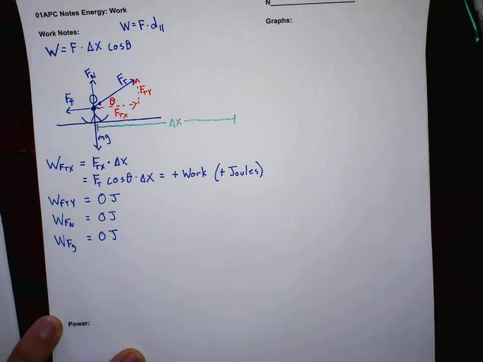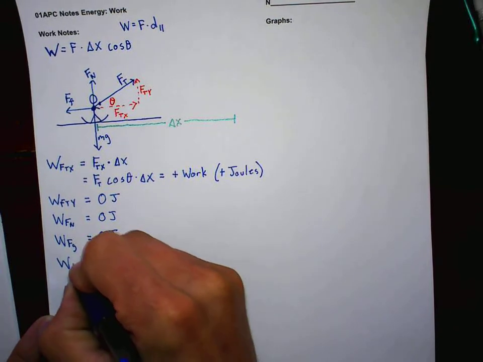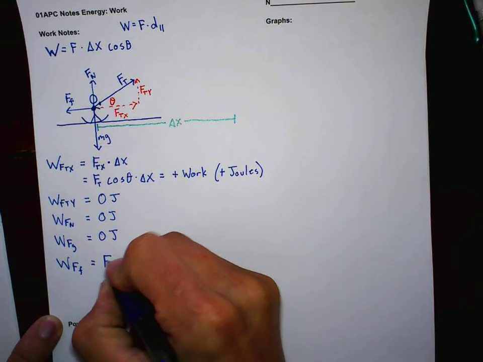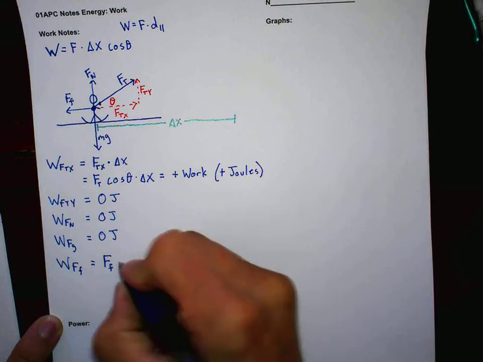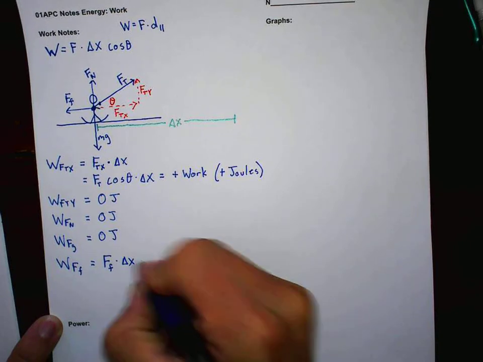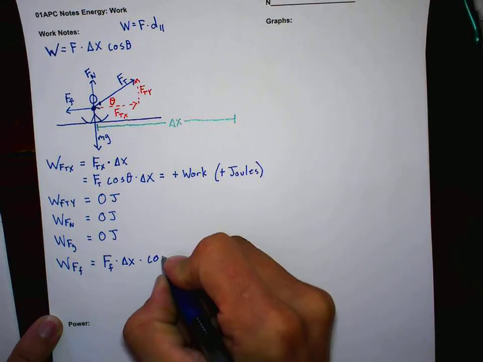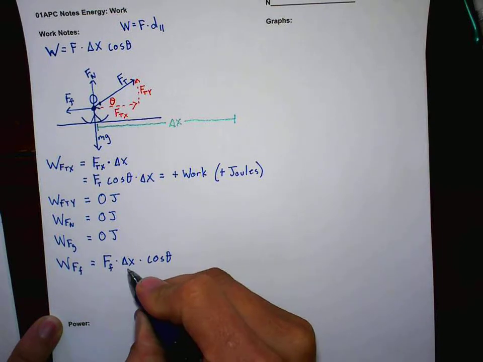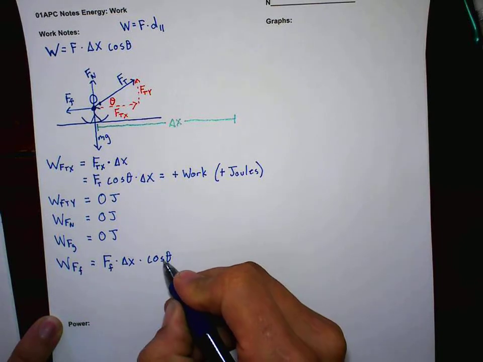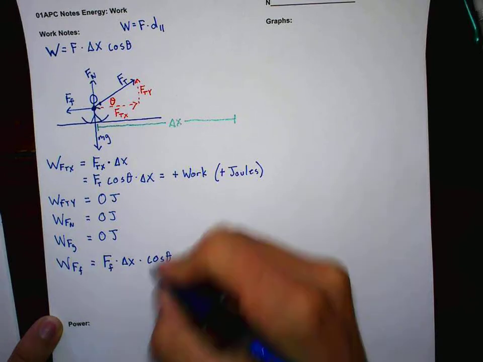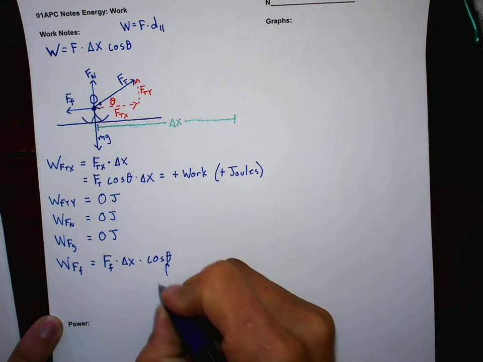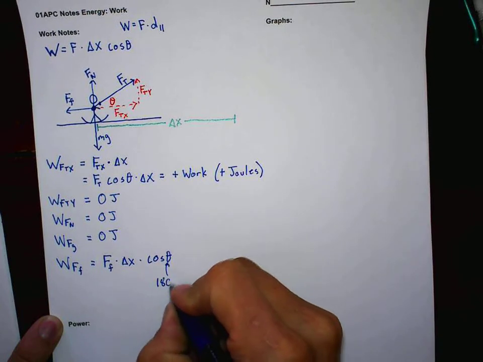Now let's talk about friction. Work done by force of friction is equal to force of friction times delta x times cos theta. Now if we knew the force of friction and we knew delta x, we could plug in numbers. We do know theta, so we would plug in 180 degrees.